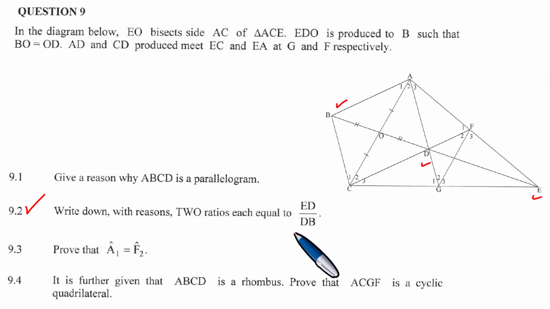Right, let us have this particular question. Who can answer that question there? Because you already know that ABCD is a parallelogram, it means that this is parallel to this, and also this is parallel to this.